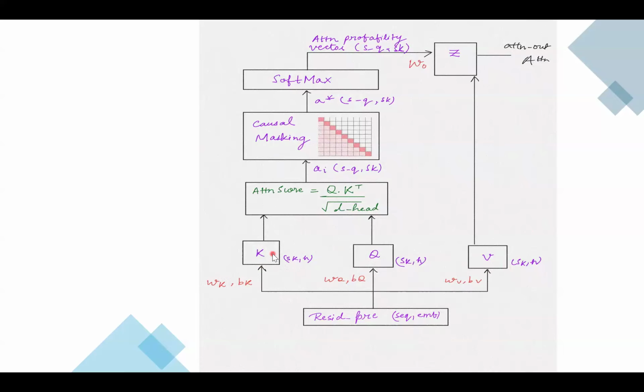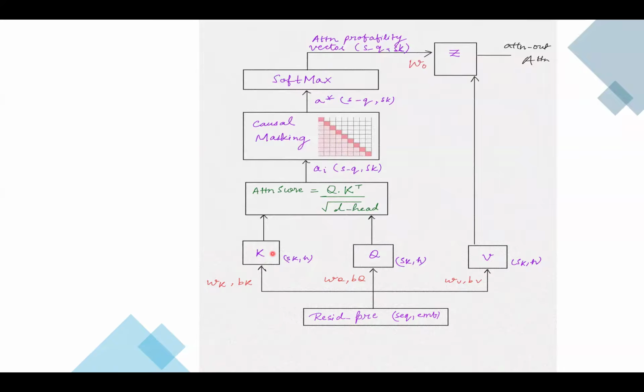Now, intuitively, what query, key, and value mean is that for query, each token in your sentence wants to know what relevant information other positions have. A good way to understand this is, for example, we have asked 5 people to stand in a row. Each has a board in their hand with a word or a token written over it.